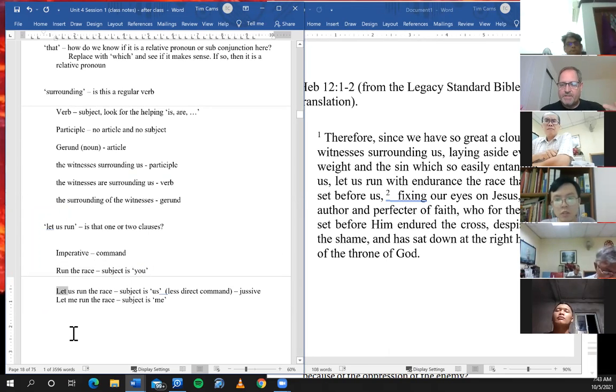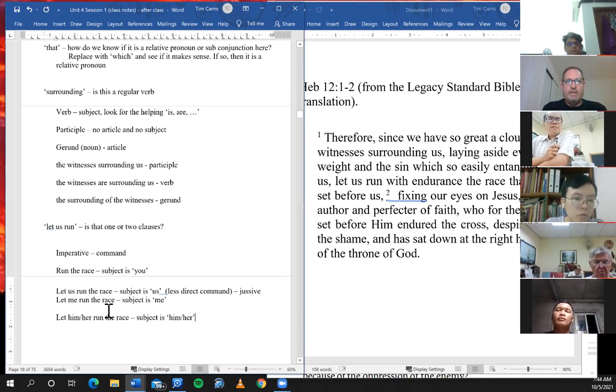That's how we express a command in the first person, us or me. Now we could say, there's also in the third person pronoun, we could say let him or her run the race. Here the subject is him or her, depending on.